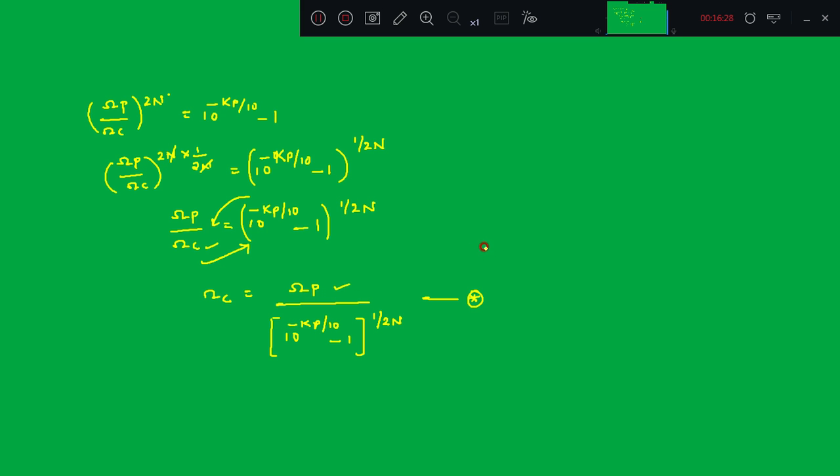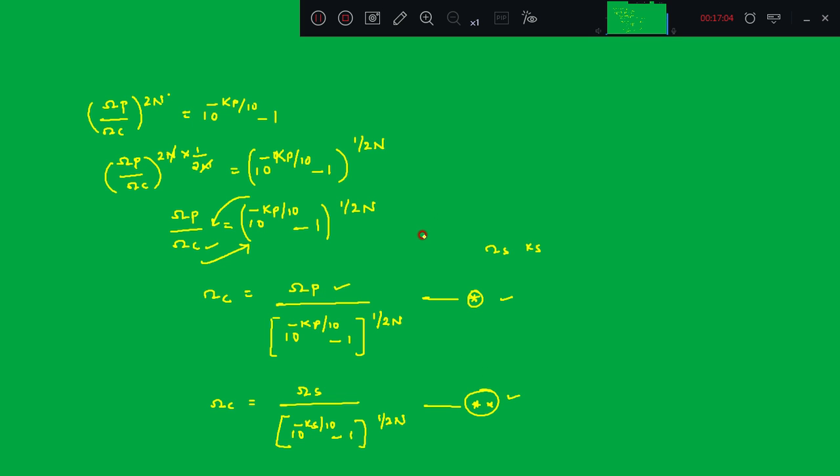If in the problem statement you have only data like omega s and ks, then you can use the alternative equation for omega c, that is omega s divided by 10 raised to minus ks divided by 10 minus 1, raised to 1 divided by 2n. This is another equation to calculate the cutoff frequency. Is that clear? Either you can use the first one or the second one depending upon the specifications given in the problem statement.